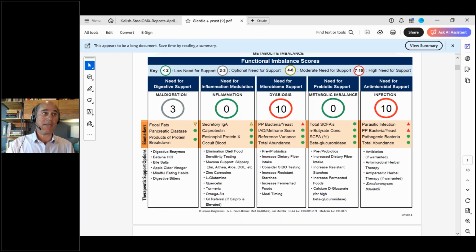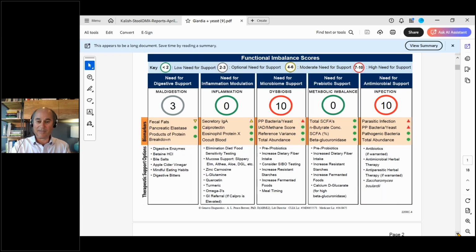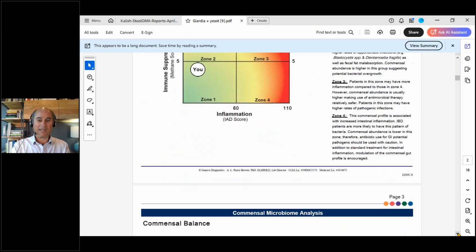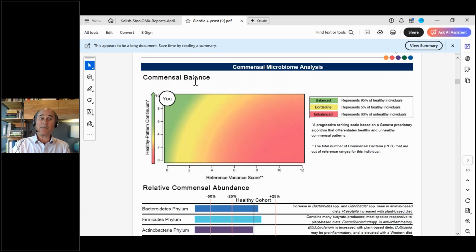So for the microbiome, let's start with that. You would want to look at, here we go, short chain fatty acids. Remember, if those are off, then you know that there's a microbiome imbalance. And then this is a little confusing. On this lab report, you have to scoot down a little bit because they have the graphic down here. There's the inflammation thing. Here we go, commensal balance. So this would be the markers for the microbiome.